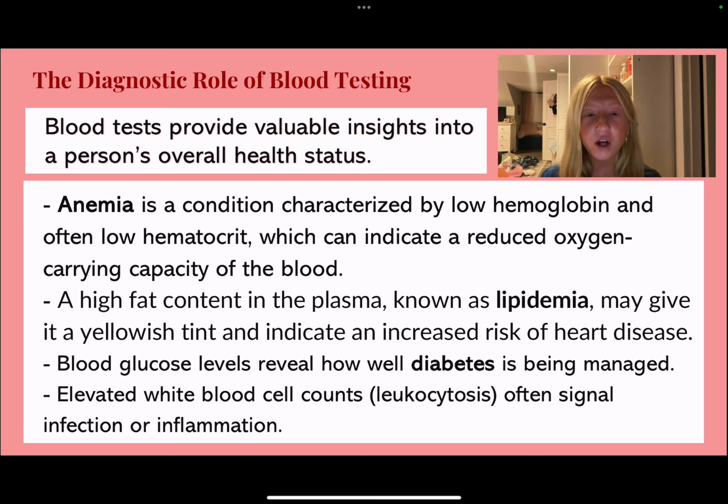A high fat content in the plasma, known as lipidemia, may give a yellowish tint to the blood and indicate that there is increased risk of heart disease. Blood glucose levels reveal how well diabetes is being managed. And an elevated white blood cell count, called leukocytosis, is often a signal of infection or inflammation.